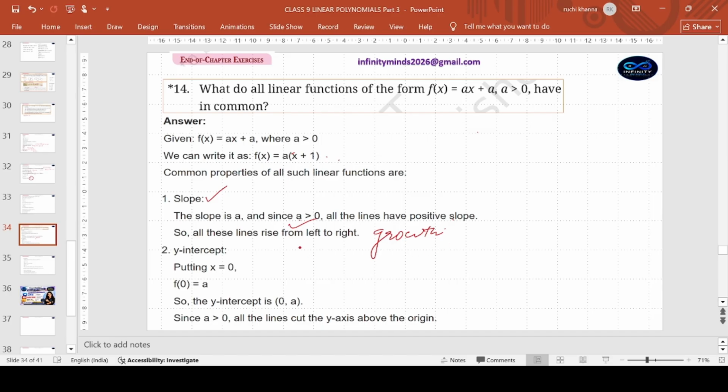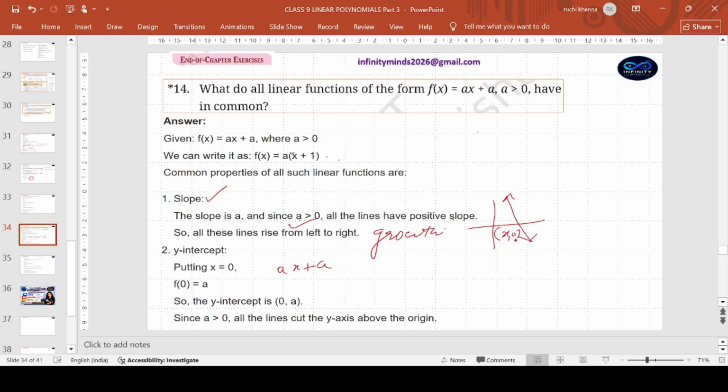So let us see. If we talk about the x-intercept, the point where the line meets the x-axis, that is (x, 0).